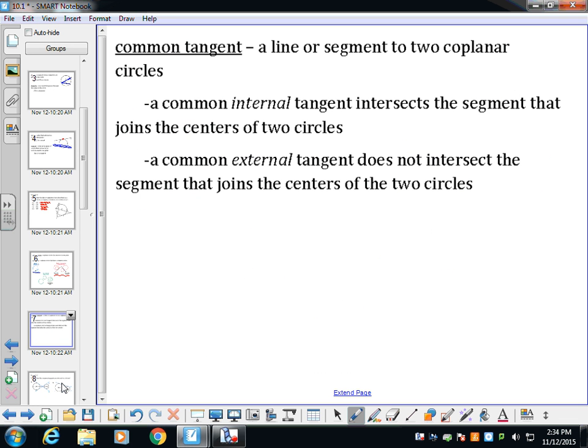A common tangent is a line or segment tangent to two coplanar circles. A common internal tangent intersects the segment that joins the centers of two circles, and a common external tangent does not intersect that segment.